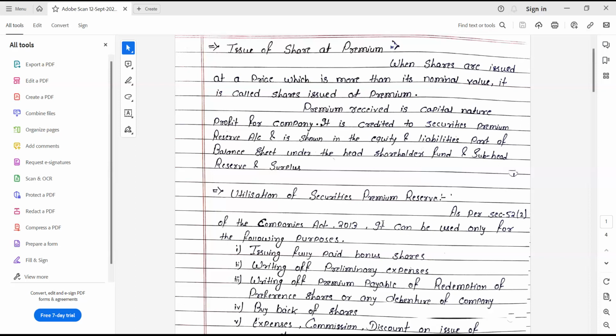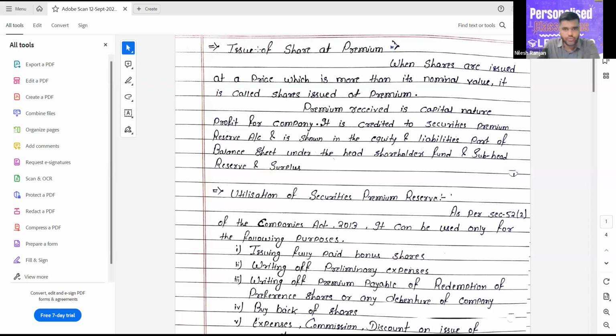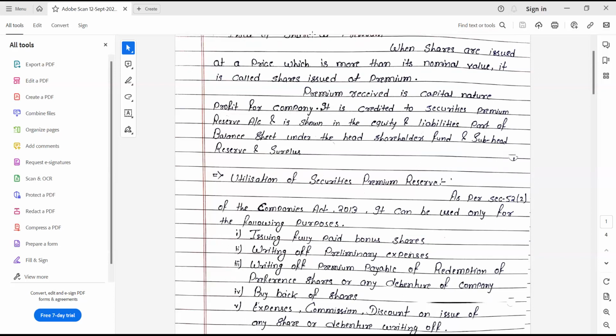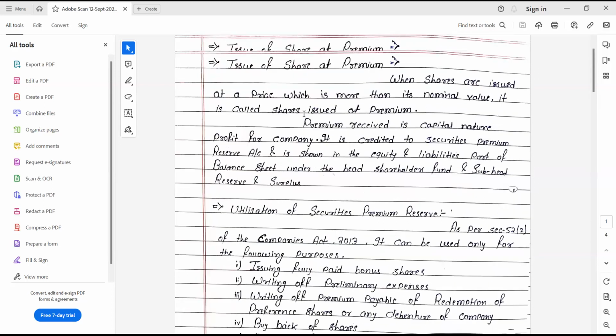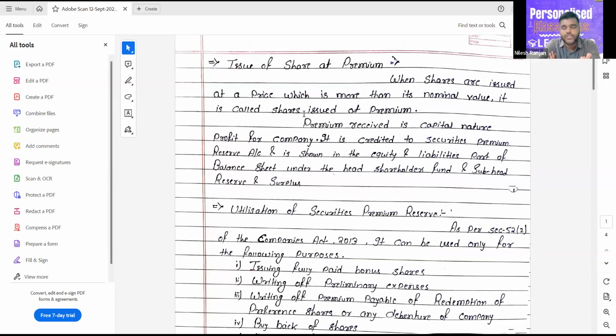Okay, so you can see here, issue of shares at premium. This is the theory part of premium, security premium reserve, where it is shown and how to use the premium. When shares are issued at a price which is more than its nominal value, it is called shares issued at premium.